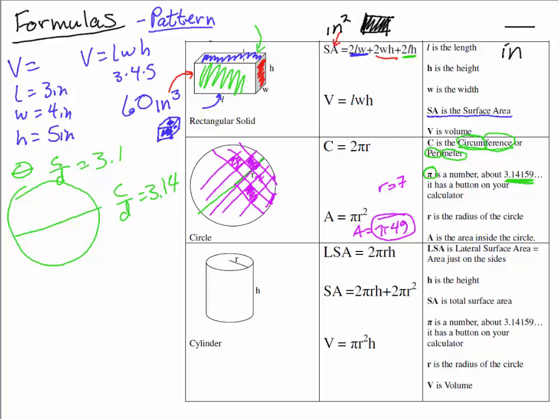Cylinder. Oh, shoot, this is like a 3D circle. But notice the top, if you're going to find the area, is pi r squared from right here. And the bottom is pi r squared from right there. And then if you were to do the outside of it, well, let's look at it like a can.